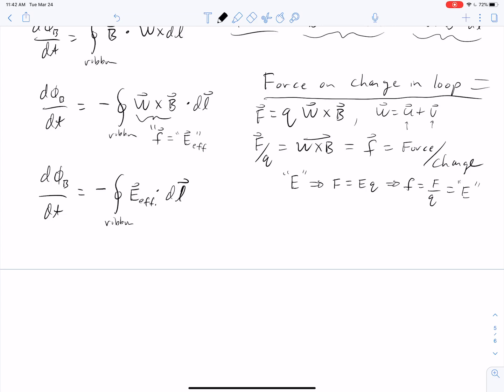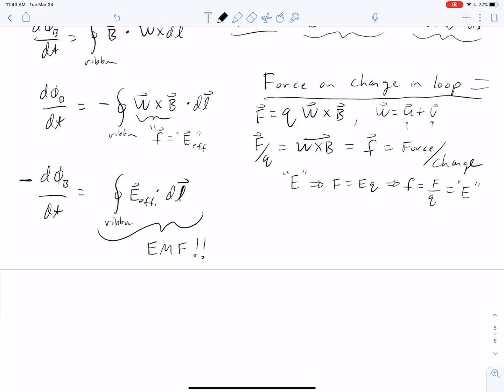And now let's move that negative sign. I'm going to erase it from this side and put it onto this side. So now this is my equation, but what is the integral of the effective electric field dot dl? Well, I'll be damned. That is my EMF. That's the EMF felt in that loop.